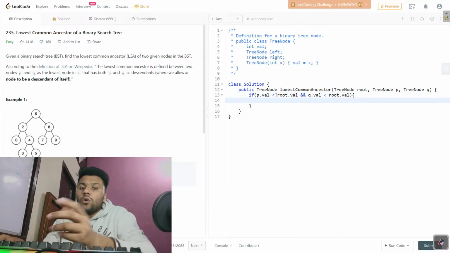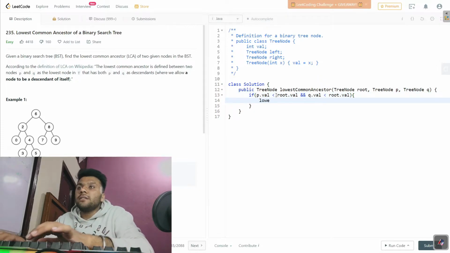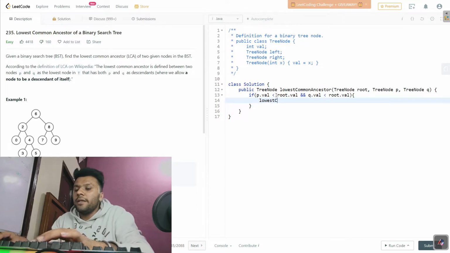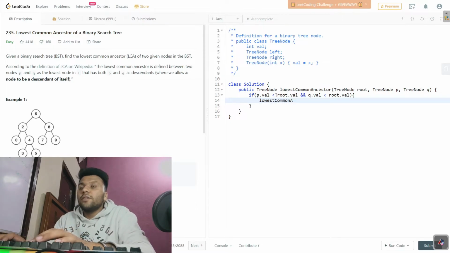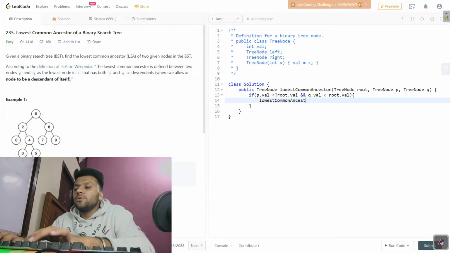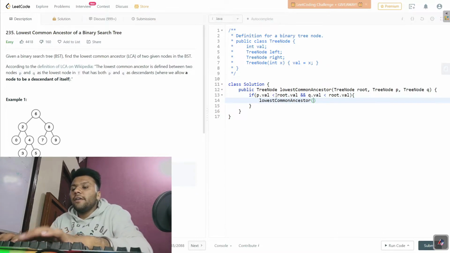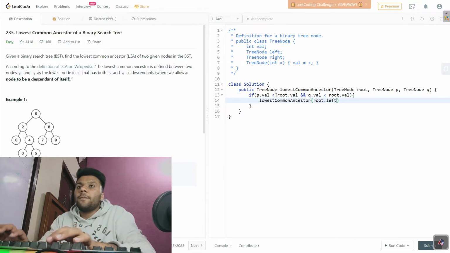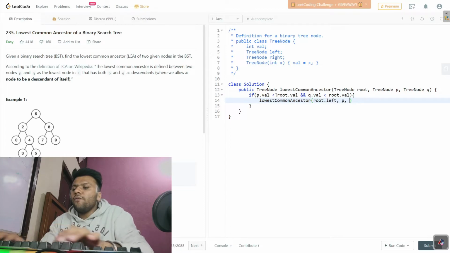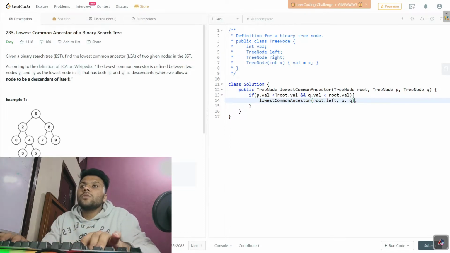Simple. So how are we going to traverse? I will simply call this lowestCommonAncestor function, which helps us traverse there, with root.left, p and q. And I have to return this as well.